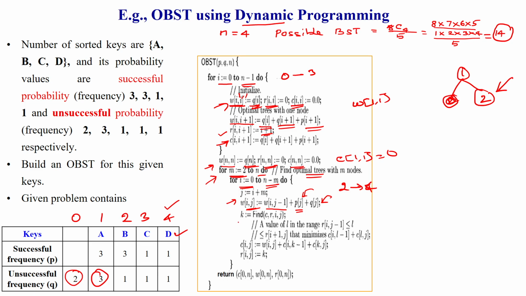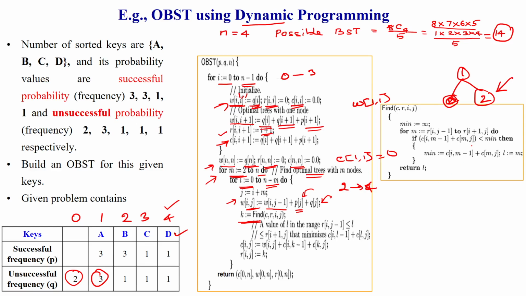Then here we will identify the minimum value, right? For the minimum value, we have to initialize the table with infinity for all the cells initially. Then we will identify the minimum value by using this formula, c of i comma m minus 1 plus c of m comma j, right?